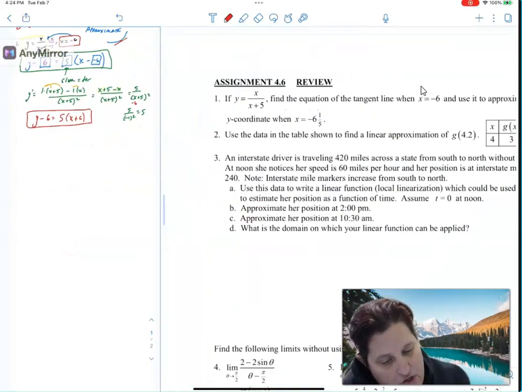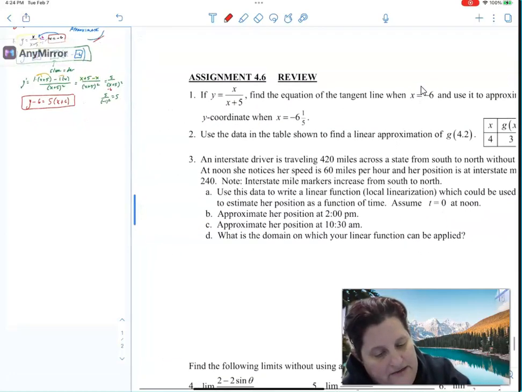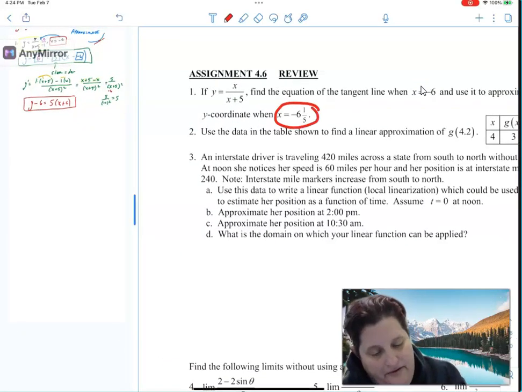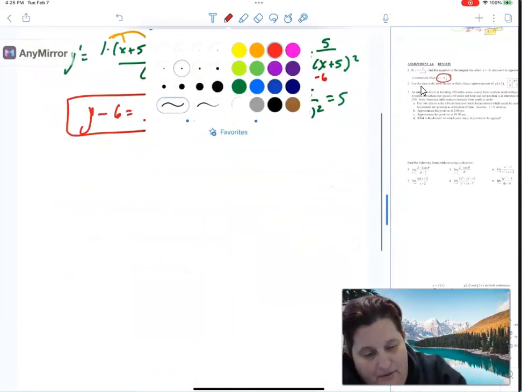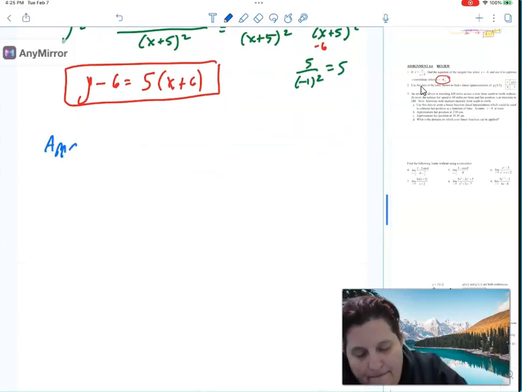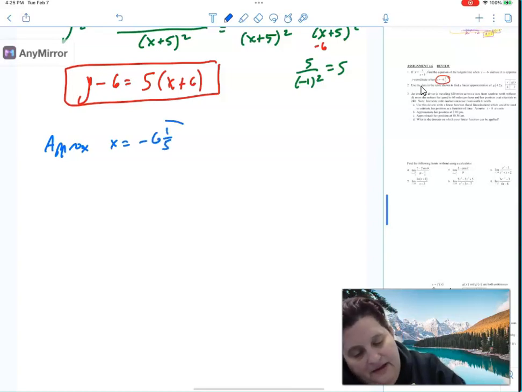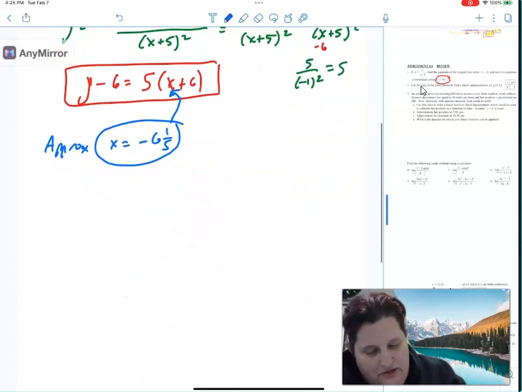Then it says use it to approximate the y coordinate when x is negative 6 1/5. Okay, so check this out. The approximation for x equals negative 6 1/5 is just plugging that into the tangent line. Instead of plugging it into the regular function, I plug it into the tangent line, okay?